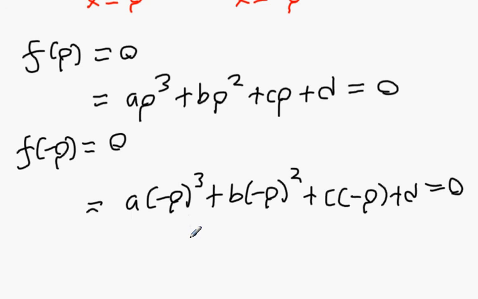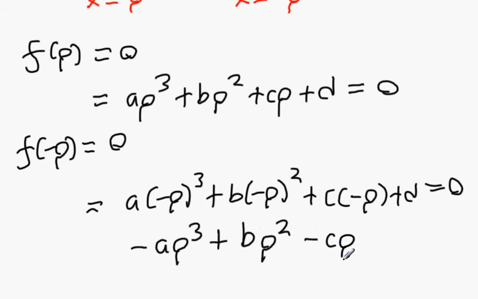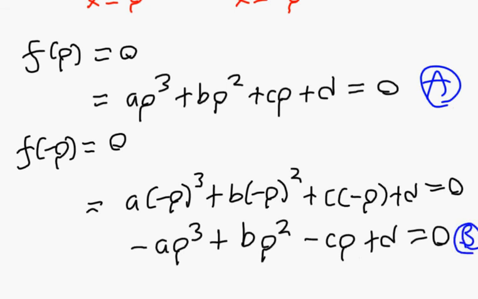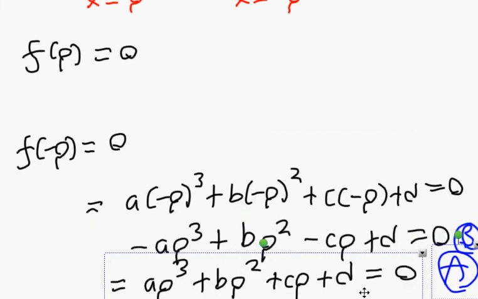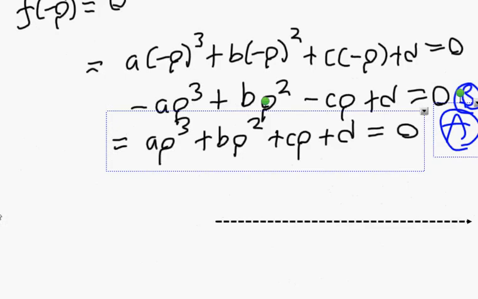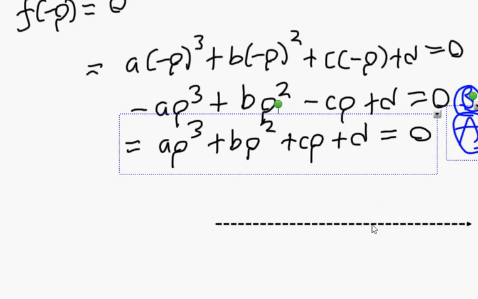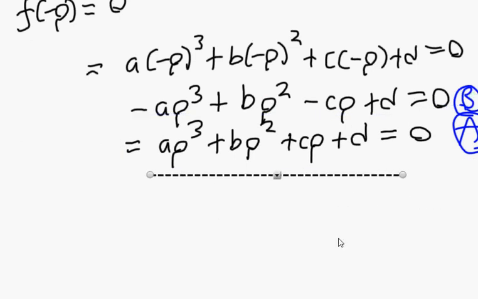Now, when you cube a negative number, you get a negative number, minus ap cubed. When you square a negative number, you get a positive number. This is minus cp plus d equals 0. We have two different equations, equation A and equation B. Now, with A and B, one on top of the other, we can add them downwards.